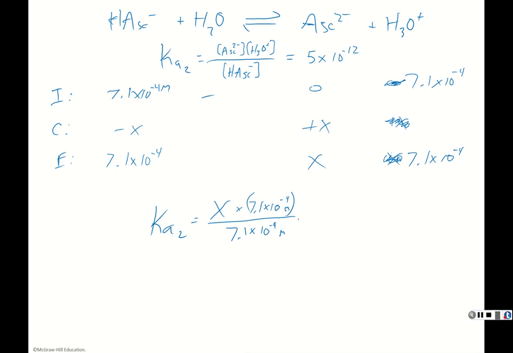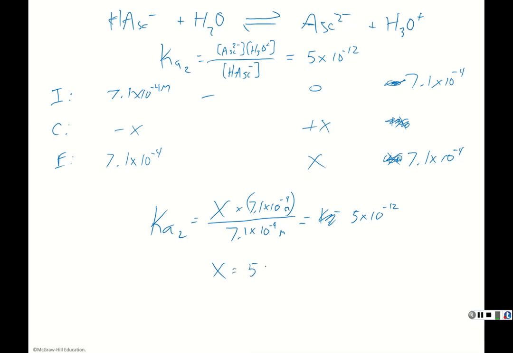Those are both in molar. And that equals 5 times 10 to the minus 12. Well, you can see here that the 7.1 times 10 to the minus 4 will cancel.